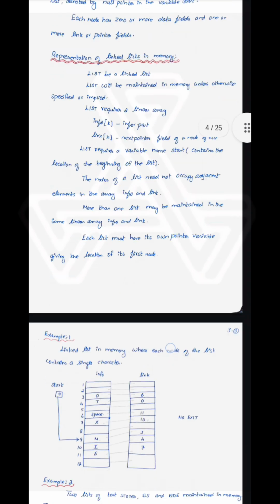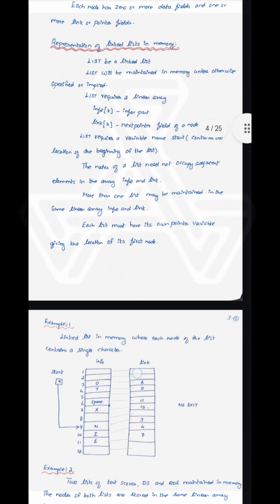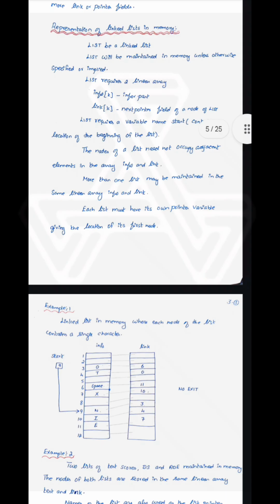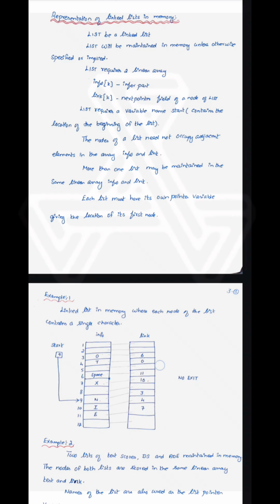Let LIST be a linked list. LIST will be maintained in memory unless otherwise specified or implied. LIST requires two linear arrays: INFO[K], that is the information part, and LINK[K], the next pointer field of a node of the list. LIST also requires a variable name START, which contains the location of the beginning of the list.